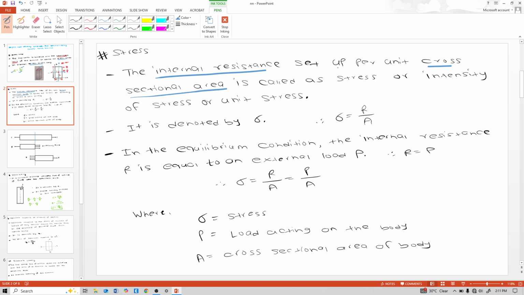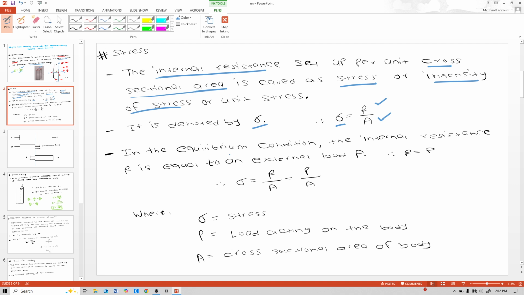Internal resistance set up per unit cross sectional area is called stress, or intensity of stress, or unit stress. And this is also denoted as sigma. Sigma is equal to R by A. This R is nothing but the internal resistance, and A is the area.